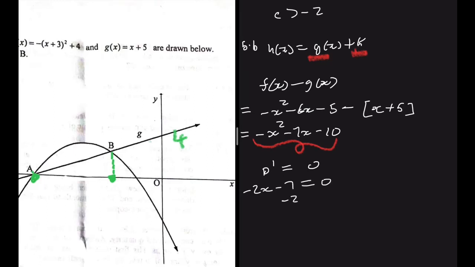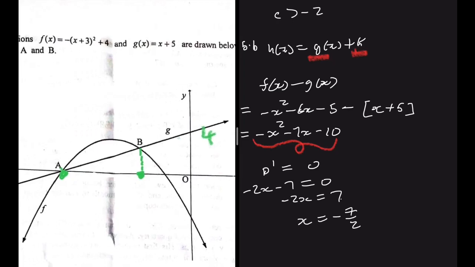So minus 2x is equal to 7, so x is equal to minus 7 divided by 2. Let me just put minus 7 divided by 2 in the calculator. It's minus 3.5, and minus 3.5 is between minus 5 and minus 2.